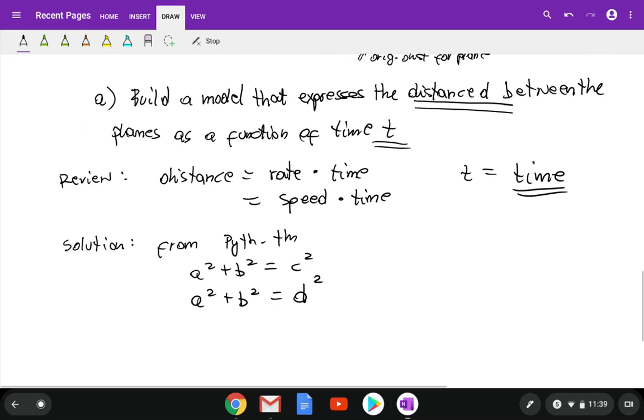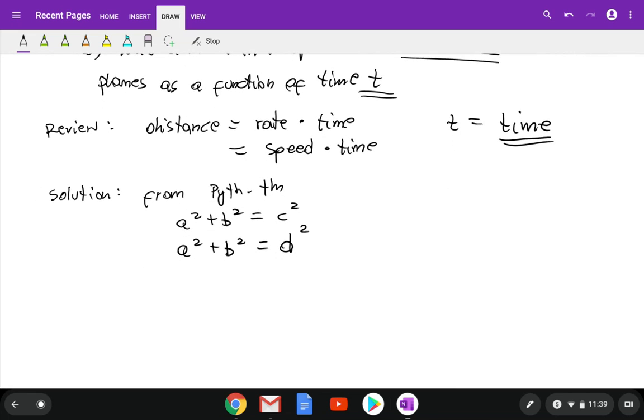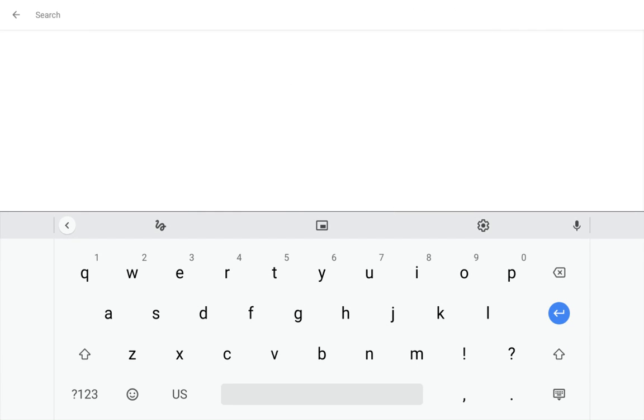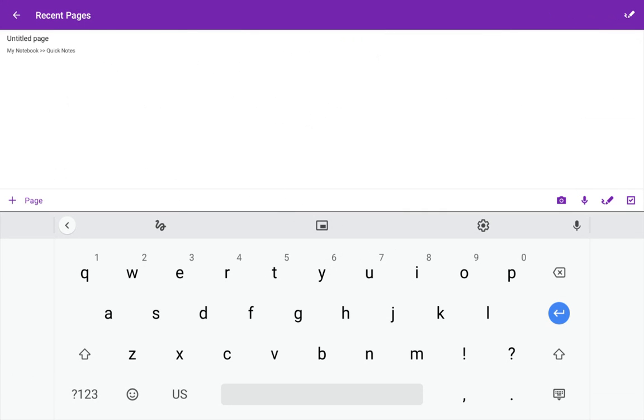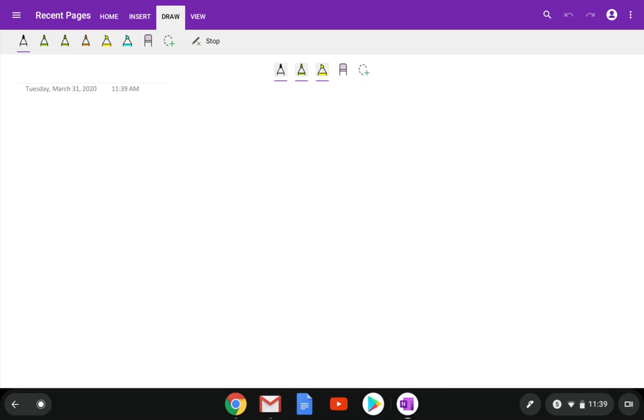Okay, now, so let's talk about our case. Let me just rewrite that: distance squared is equal to A squared plus B squared. Okay, let's just write this way. Oh, okay, going back. What just happened?